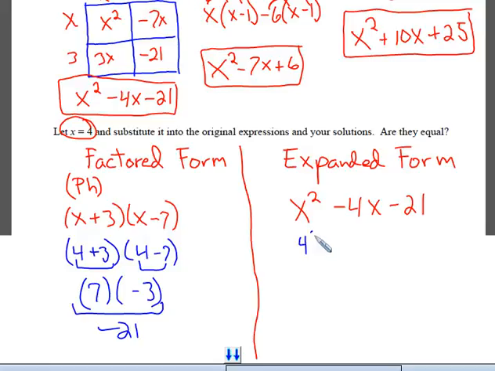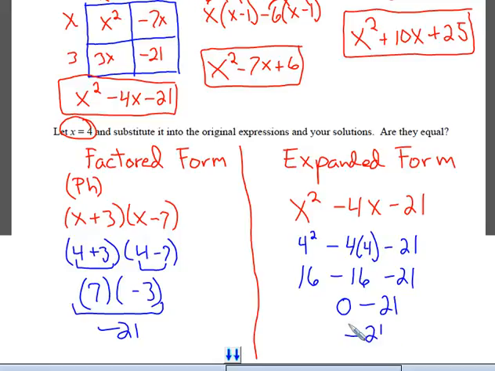So I have 4 to the second power minus 4 times 4 minus 21. 4 to the second power is 16 minus 4 times 4 is 16 minus 21. 16 minus 16 is 0. 0 minus 21 is negative 21. And look at that. They are the same.